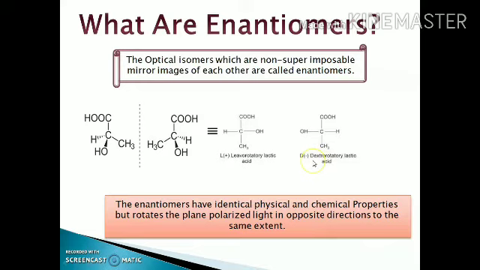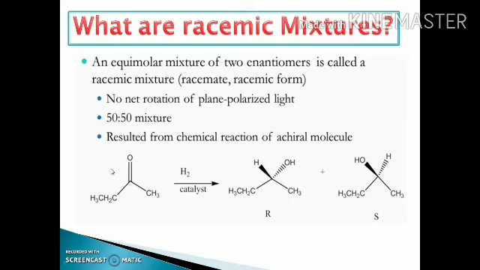This is called dextrorotatory and this is called levorotatory. All the enantiomers have non-superimposable mirror images of each other and have identical physical and chemical properties, but they rotate the plane polarized light in opposite directions to the same extent, meaning the angle of rotation is the same for the levorotatory and the dextrorotatory forms of one particular enantiomer.